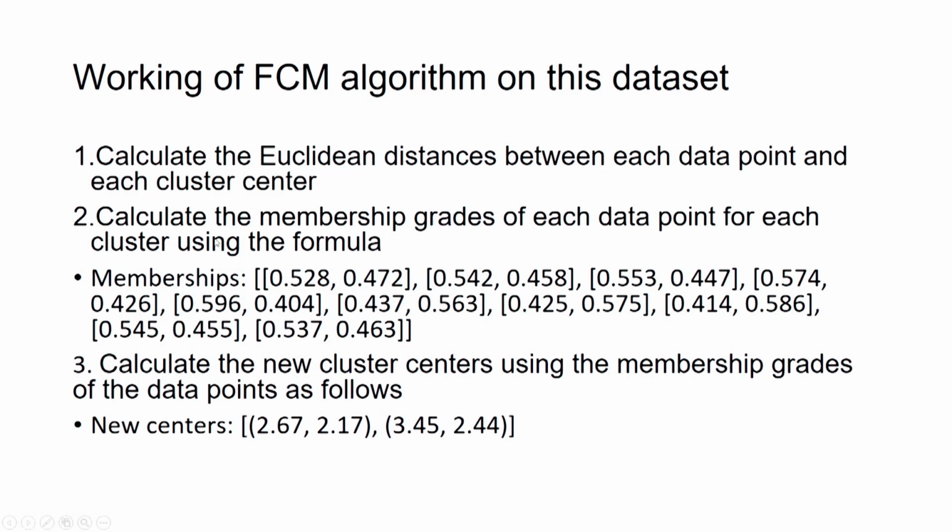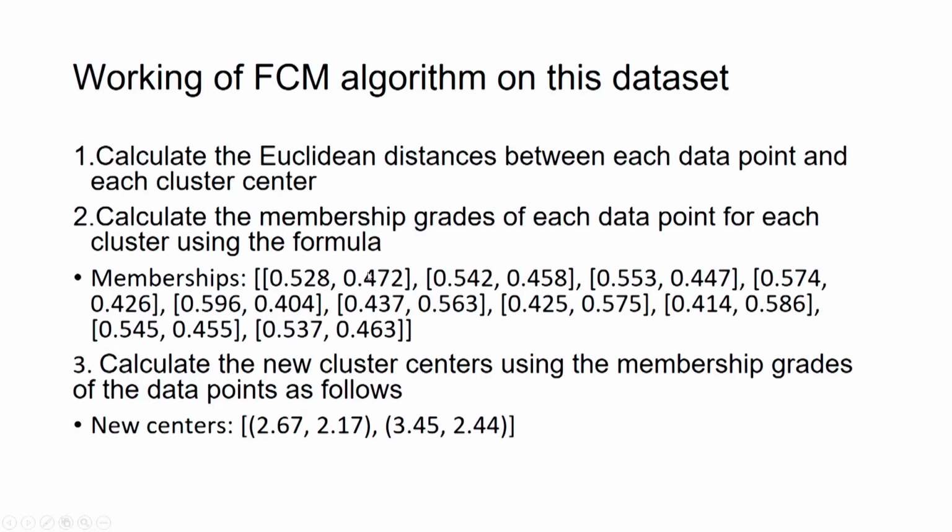Suppose these are the membership values we are getting for all 10 data points. For the first point, the membership grade for the first cluster is 0.528, while the membership grade for cluster 2 is 0.472.